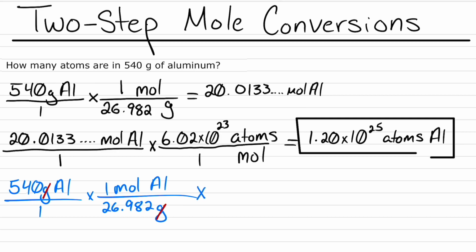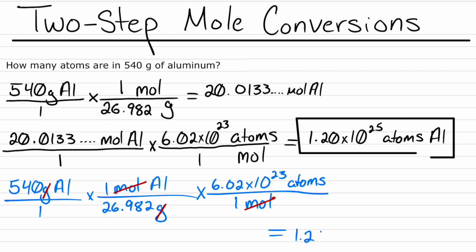Then I would multiply by Avogadro's number, 6.02 times 10 to the 23rd atoms over 1 mole. Again, moles cancel, and we're left with just atoms at the end, which once again comes out to 1.20 times 10 to the 25th atoms of aluminum.